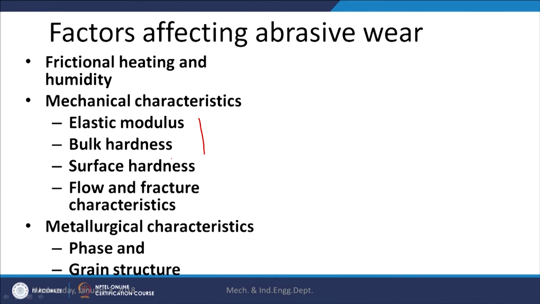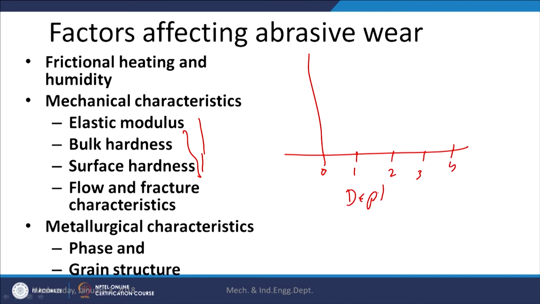Similarly, on the effect of hardness, we have already talked of bulk hardness or surface hardness of the workpiece. There is a difference between the bulk hardness and surface hardness, in the sense that if this is the surface, then this is the distance from the surface: 1 mm, 2 mm, 3 mm, 4 mm, increasing depth from the surface.